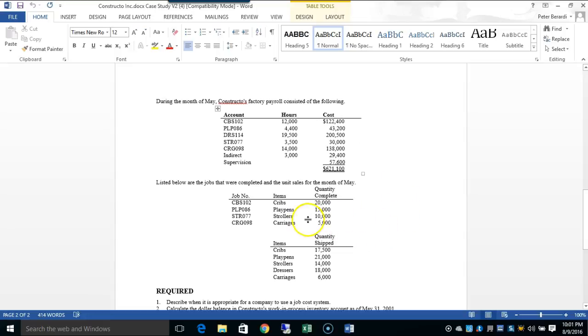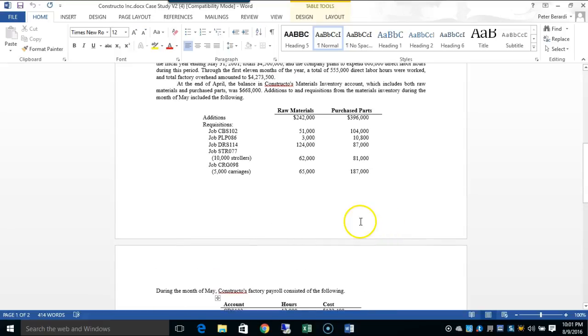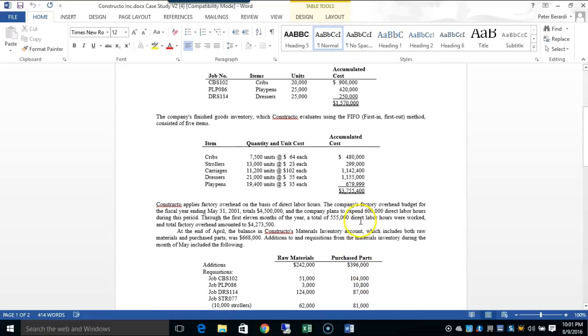So your playpens completed, which is a credit to WIP and a debit to finished goods. This is your debit to finished goods, and you have your beginning finished goods inventory as 19,400 units. Remember, this number is 679,000, not 679,900.